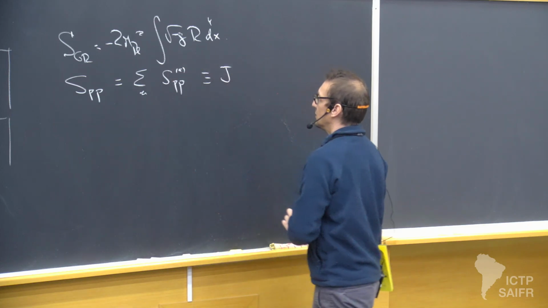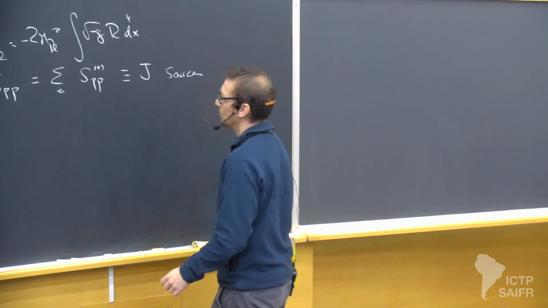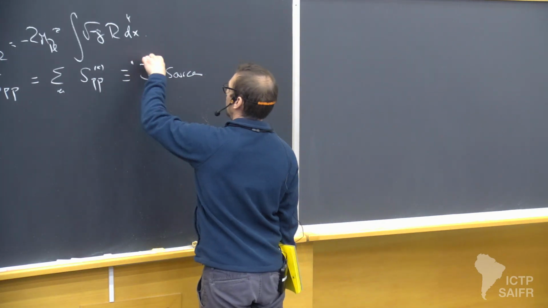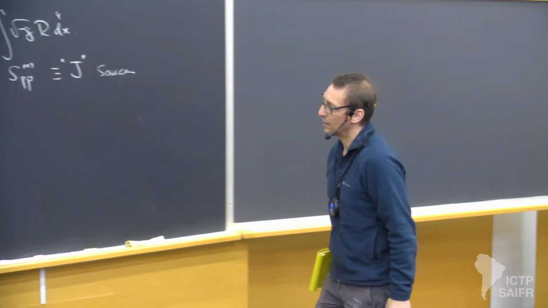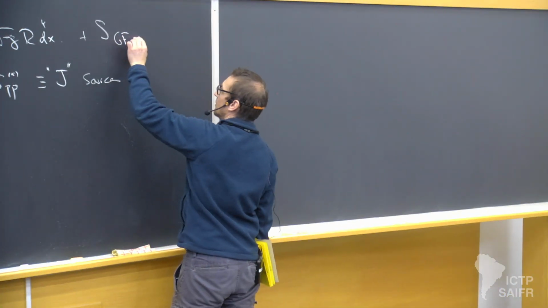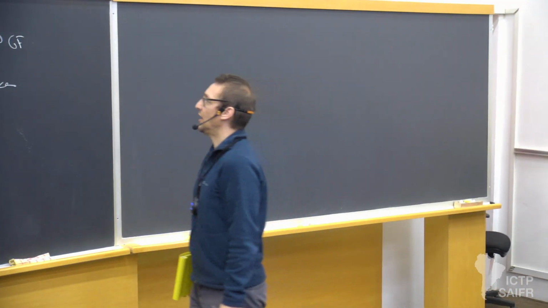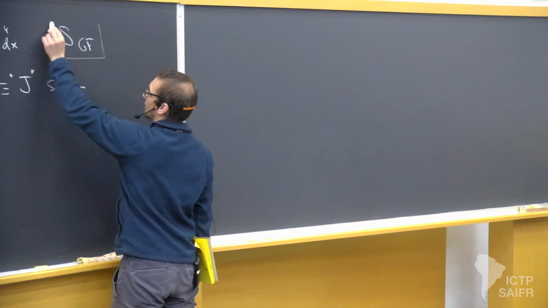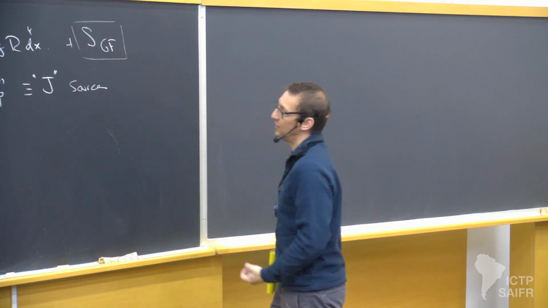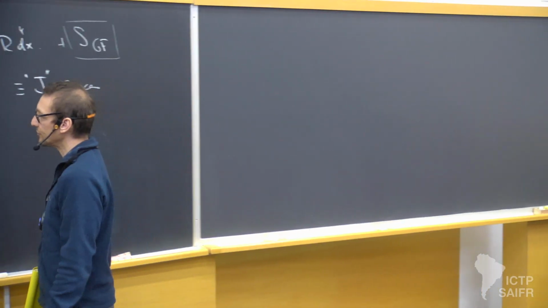These are my sources, like if you're doing field theory. There's some gauge fixing, which I'm not going to say much about, but you can play with. In fact, it's very convenient to play with the gauge fixing terms to simplify your life.